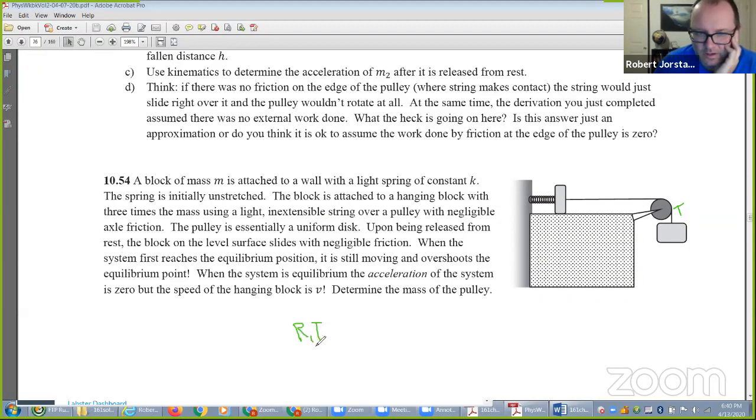R1 T1 minus R2 T2 equals I alpha. If you're at equilibrium, alpha is also equal to 0.